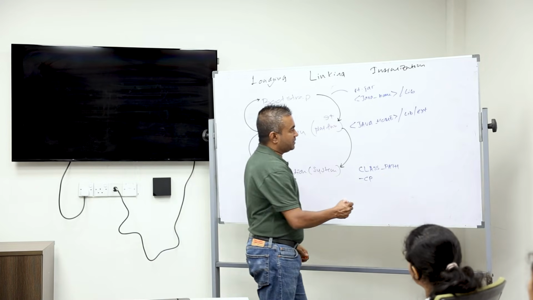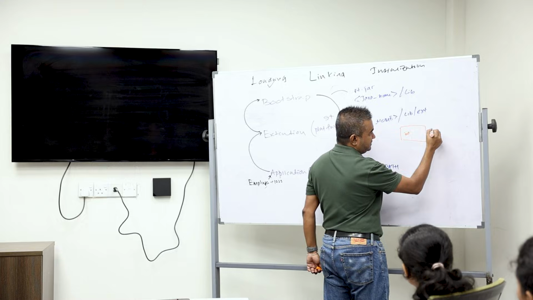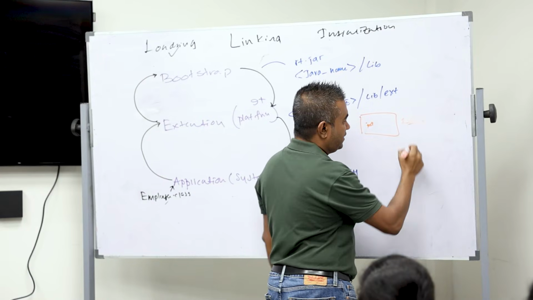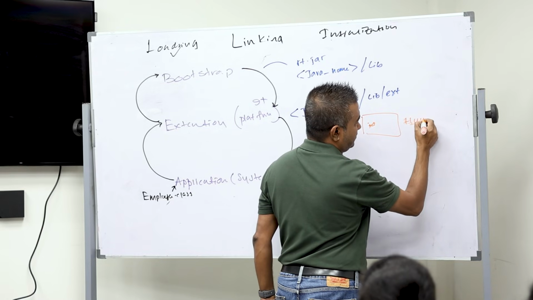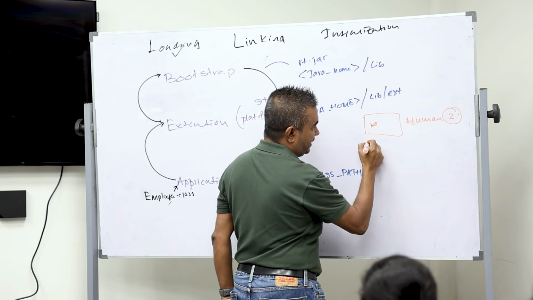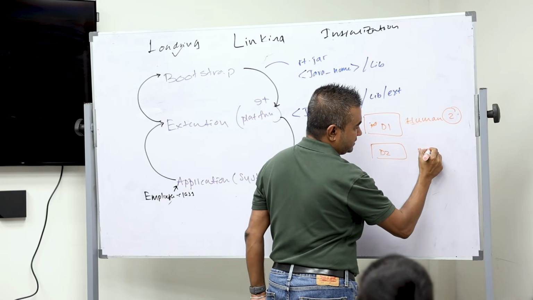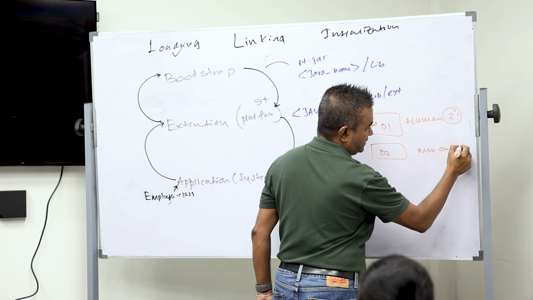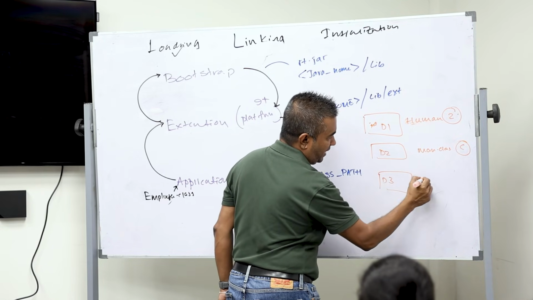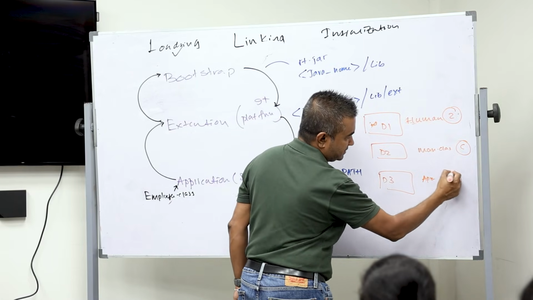Now, let's simulate one more time. In your example, directory 1 has employee, we get a human and man something, right? Human, which is an interface. And other directory D1, other directory D2, you have a man class, which is a class. And D3, you have application, which is a class.